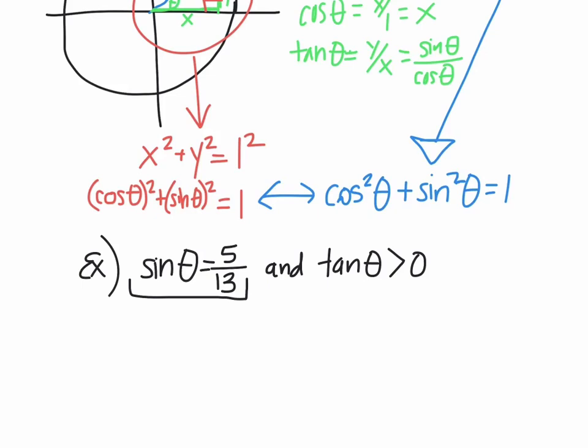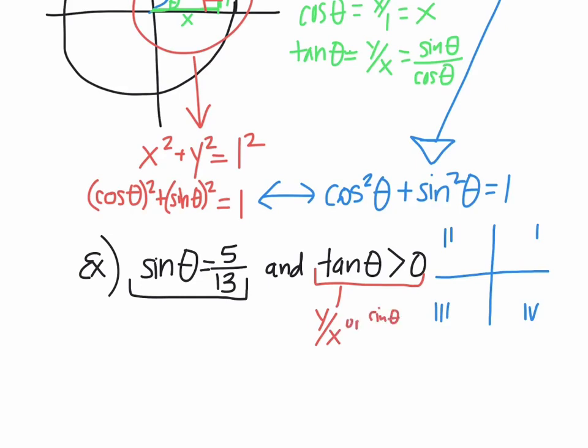And then saying that the tangent of theta is greater than 0 talks to me about the quadrant. So let's think for just a second about quadrants. We got quadrant 1, quadrant 2, quadrant 3, and quadrant 4. If tangent is greater than 0, we just learned that tangent is the same thing as y over x, or sine theta over cosine theta.